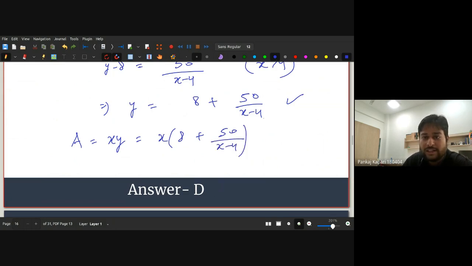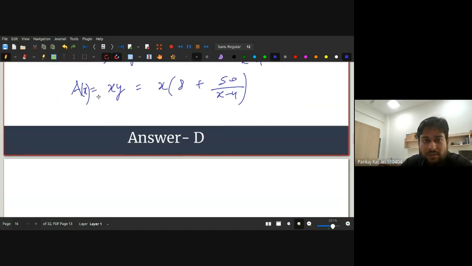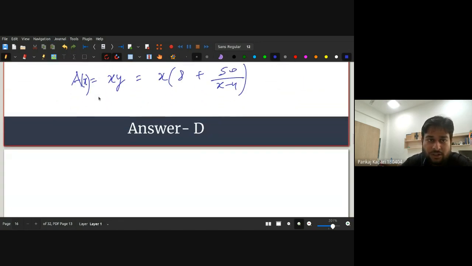Okay, let's call this function f of x. It's a function of x. So my area is a function of x, or we can say that the area is a function of x, A of x, instead of f of x. Okay, so I have to minimize.